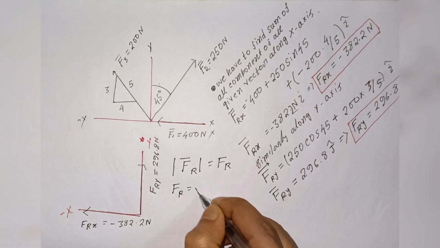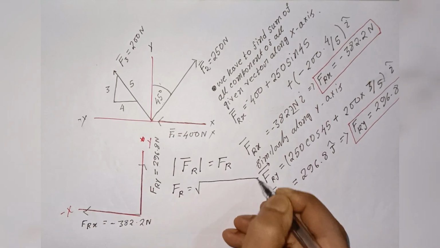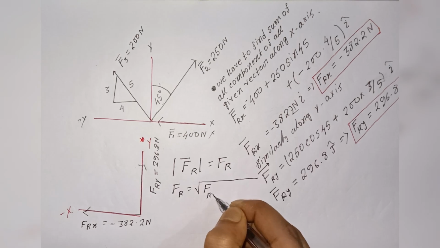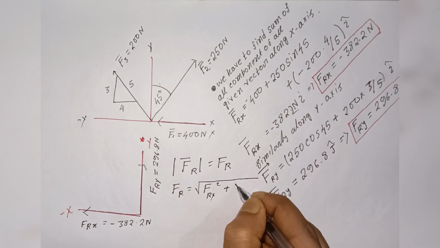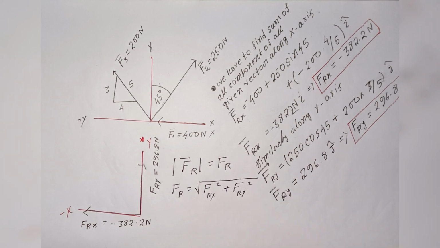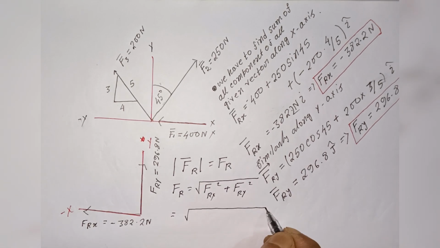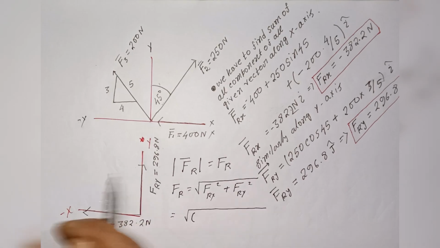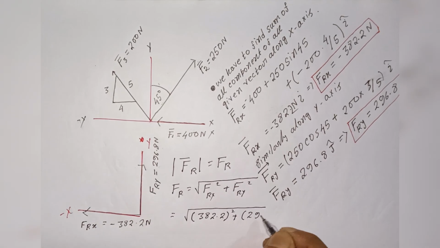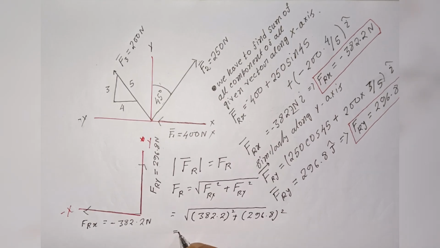The resultant shows its magnitude and the theta angle with respect to the x-axis. Just take the square of the components, add them, and then take the root. That gives the magnitude of the resultant vector.